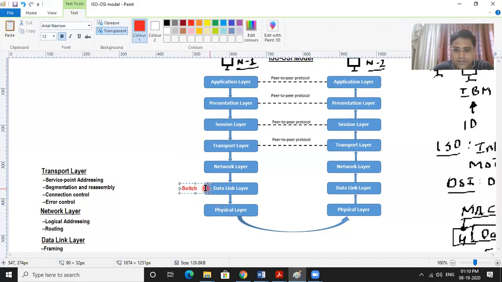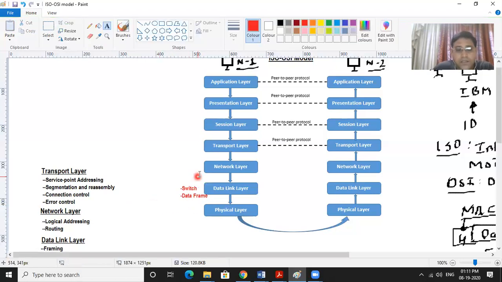the data which we transmit is called data frame, or frames easily we can say. Now the network layer. What are the responsibilities of network layer?